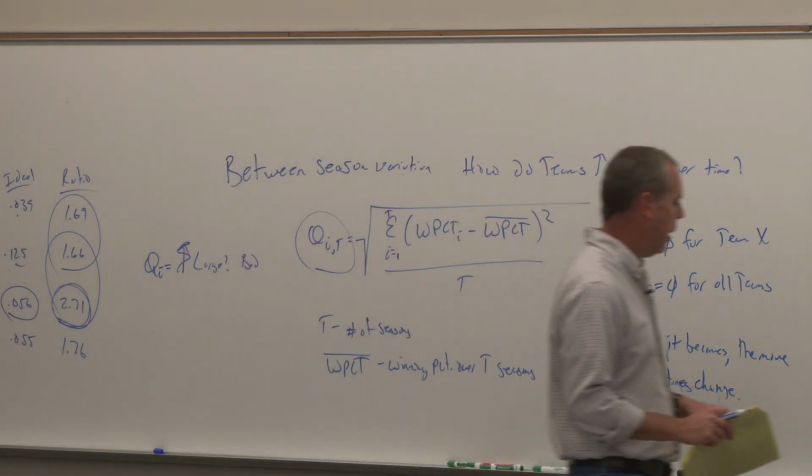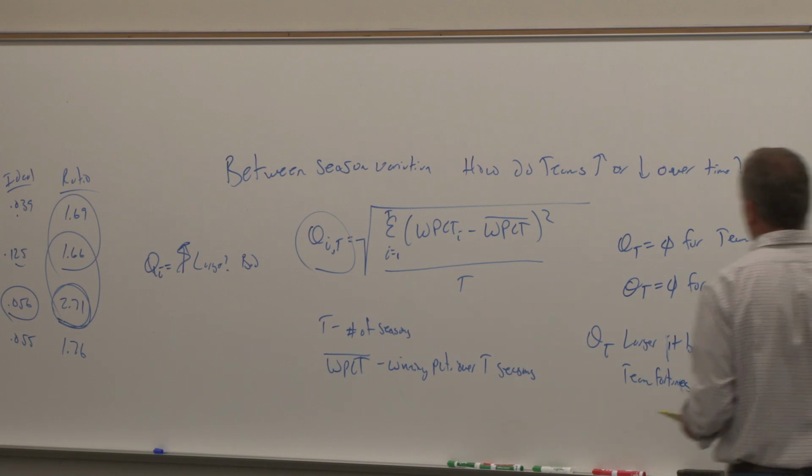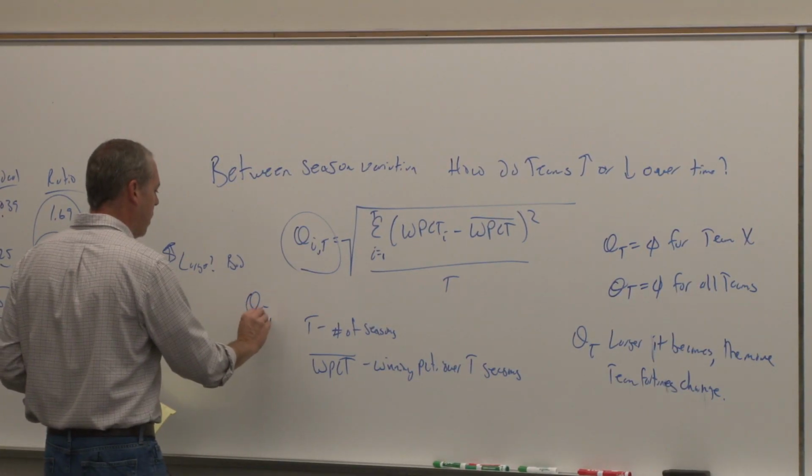Problem, of course, is, what standard do you use? How much change should you have? I don't know. What's the idealized number for this? We kind of have a sense of what the idealized number is for the other one. What's the idealized number for this one?